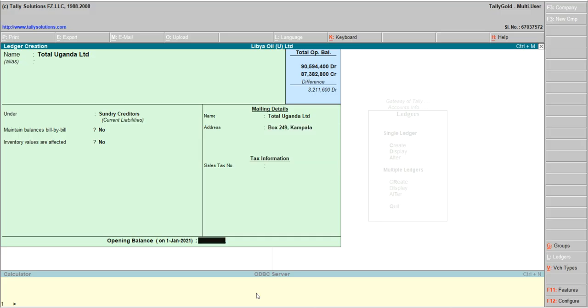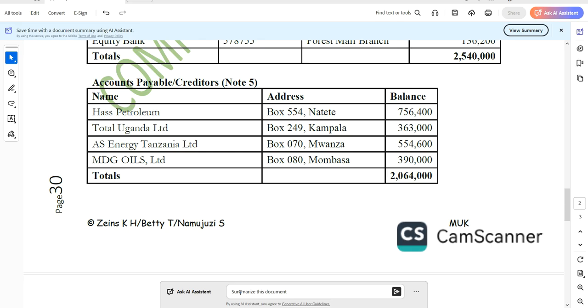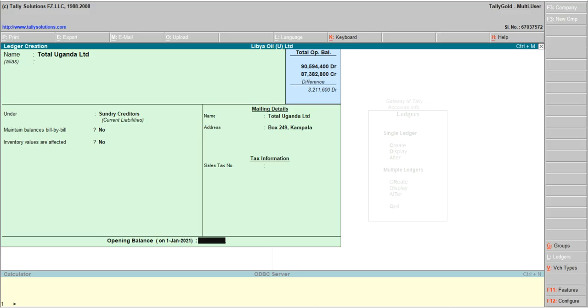How much is the opening balance? 363,000. Credit balance.